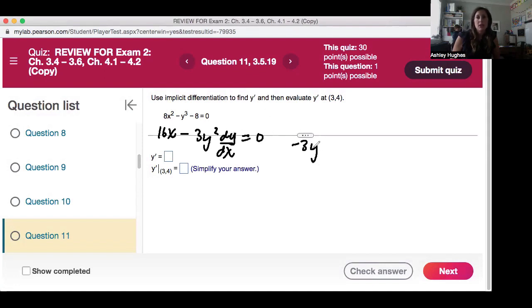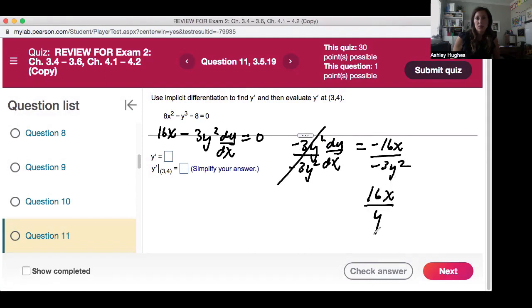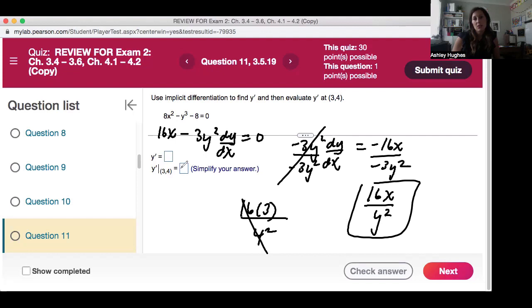So negative 3y squared dy dx equals negative 16x divided by negative 3y squared. And so your answer is 16x over y squared. And then if we want to plug in 3 and 4, we'll just plug in 3 for x and 4 for y. These 4's would cancel, so you would just get 3.